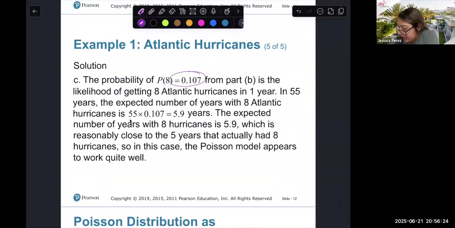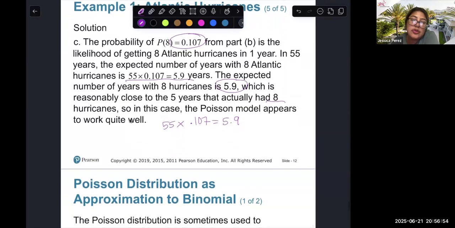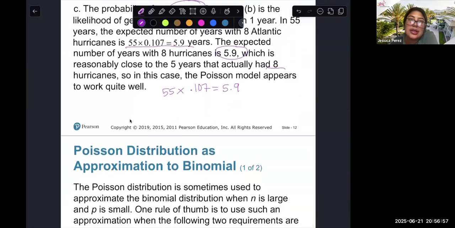So if we take 55 times 0.107, the expected number I get is 5.9. 5.9 is actually relatively close to 5. That means that Poisson works well. It does give an approximation, not the best, but it is a model that can work well. So 5.9 is reasonably close to the actual 5.